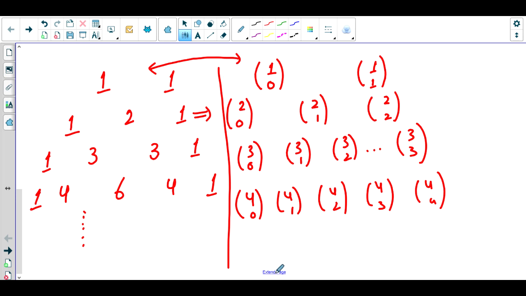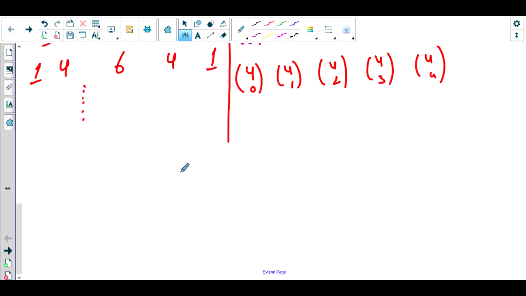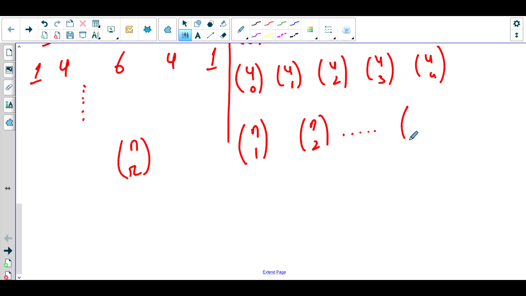Let's suppose I select the nth row. I want to write for nCr. So what will be the coefficients in this case? It will start from nC0, nC1, nC2 and so on up to nCn. And r belongs to the natural numbers, and eventually it can be 0, 1, 2, depending on n.